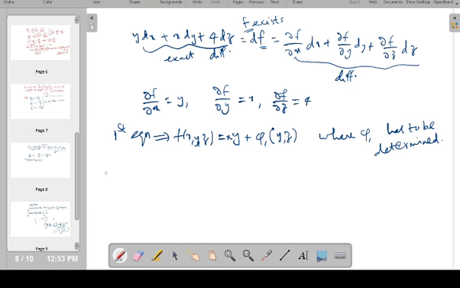The second equation implies dou f by dou y equal to x. But f is this, so what is dou f by dou y? I differentiate with respect to y, so I will get x plus dou phi1 by dou y. This is my dou f by dou y from this equation, and that must be equal to x from the second equation. Understand?